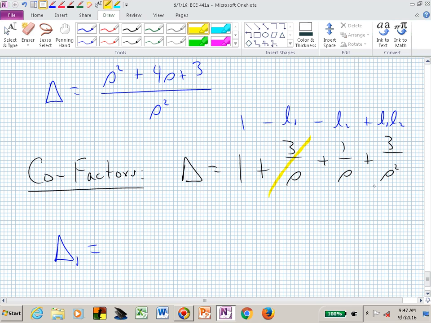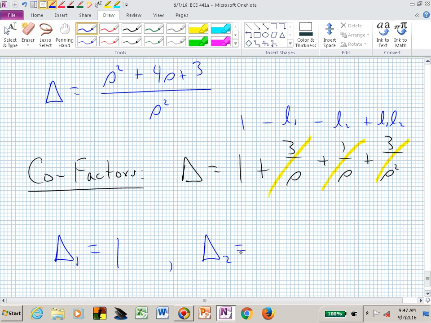Yes. So loop 1 is those two. So those get eliminated. Did it eliminate or disrupt or disconnect loop 2? No. So what's my cofactor? What's left from my determinant? 1. That's my cofactor for path 1.